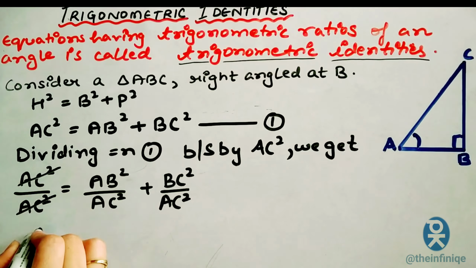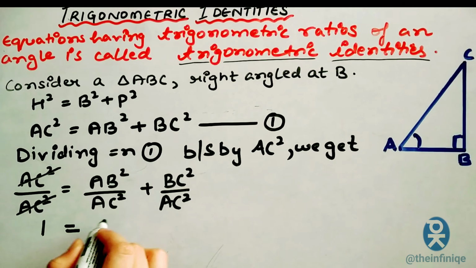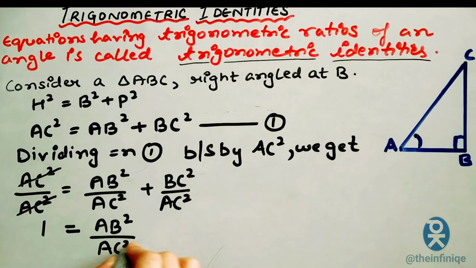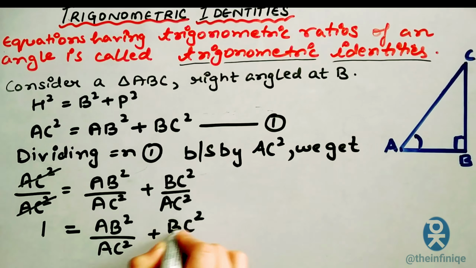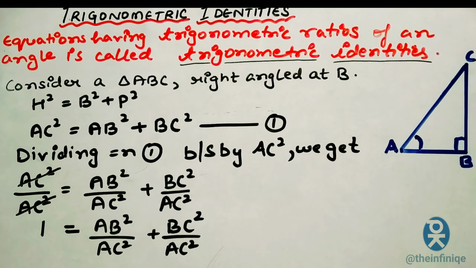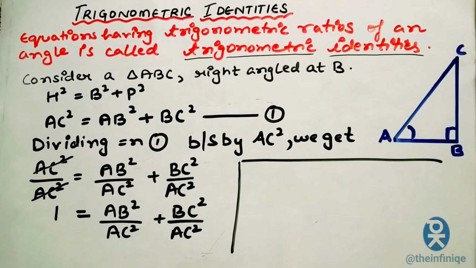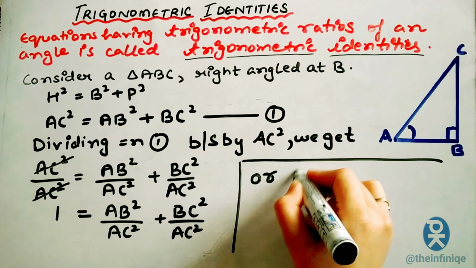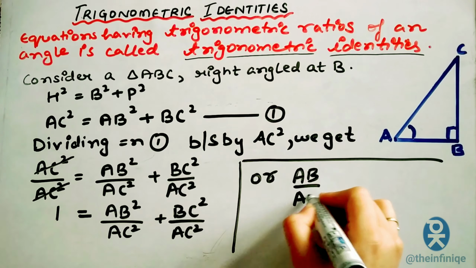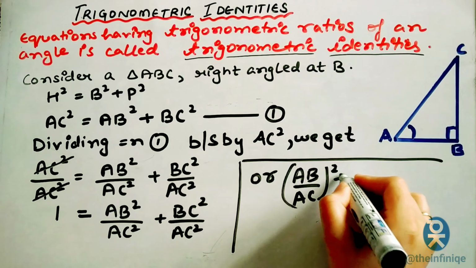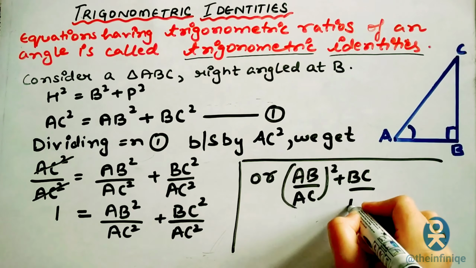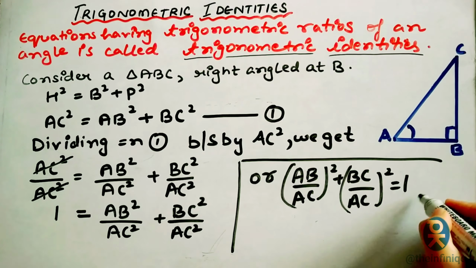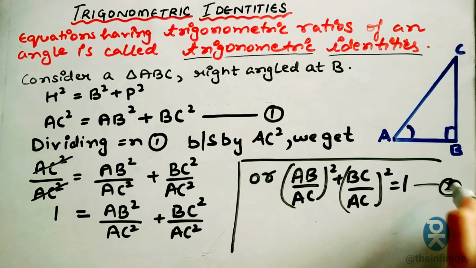AC square cancels, then 1 is equal to AB square upon AC square plus BC square upon AC square. Or we can write (AB upon AC) whole square plus (BC upon AC) whole square is equal to 1. Let it be equation second.